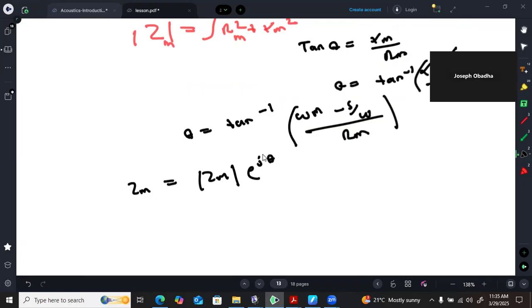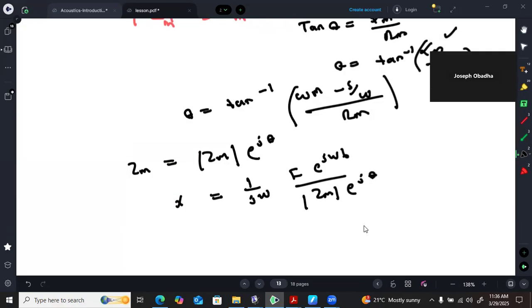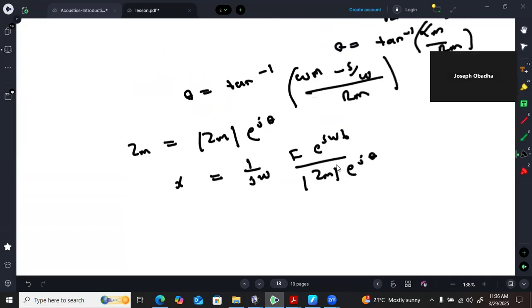Remember, theta is now the angle between the Xm and the Rm. If we now put in the value of x, we'll have 1 over j omega, F e^(j omega t) over Zm e^(j theta).